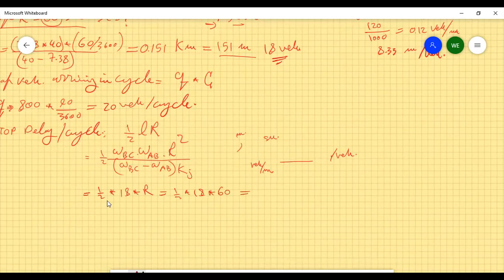So that's the total stop delay. 0.5 multiply 18 multiply 60. So that's 540 second-vehicles.